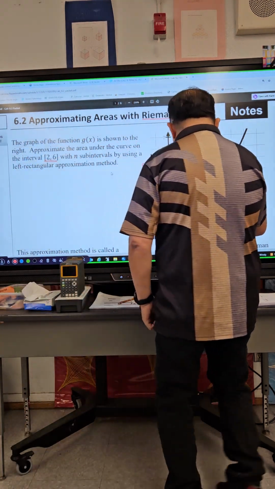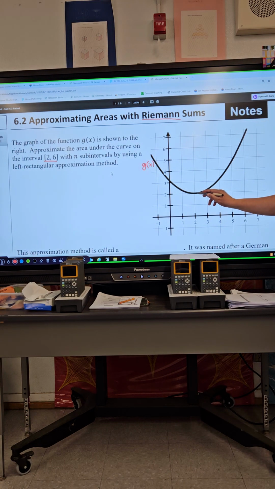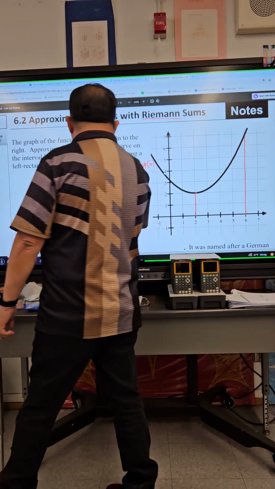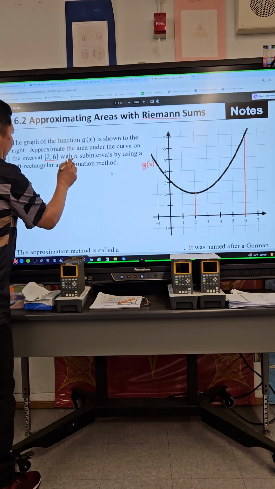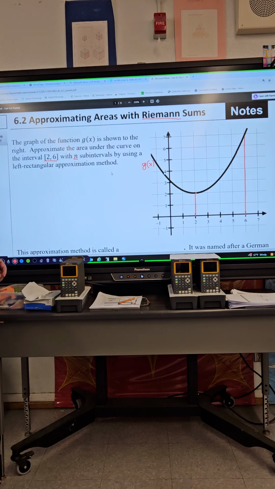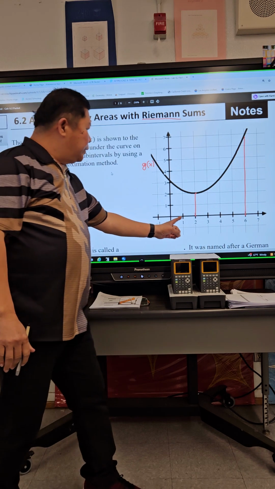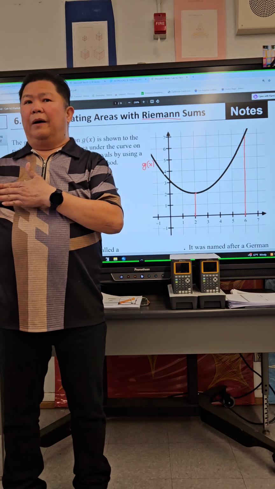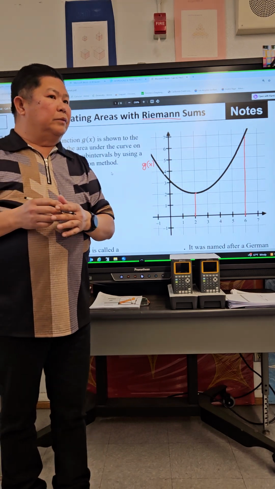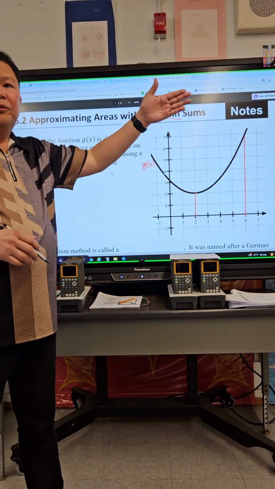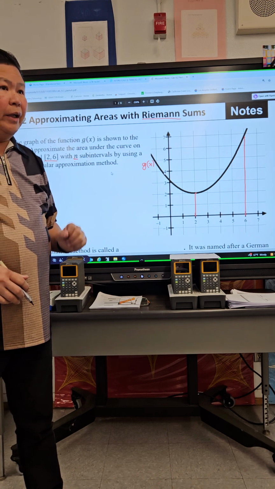So this means from this interval, from 2 all the way to 6. This is the interval with n sub-intervals. So what do you mean by this, with n sub-intervals? If we do the interval from 2 to 6, normally in the rate of change we do f of b minus f of a, right?